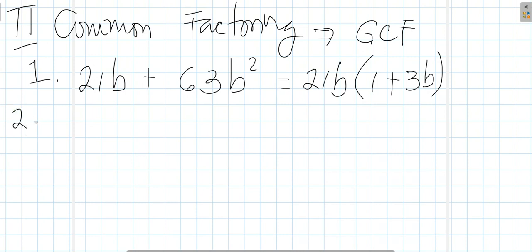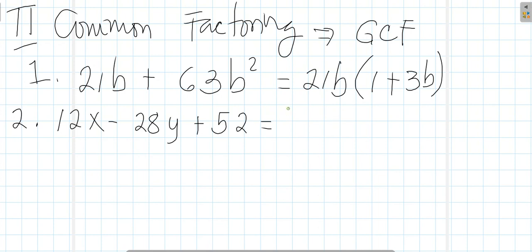Okay, next, number 2. If you have 12x minus 28y plus 52, what is the greatest common factor between 12, 28, and 52?